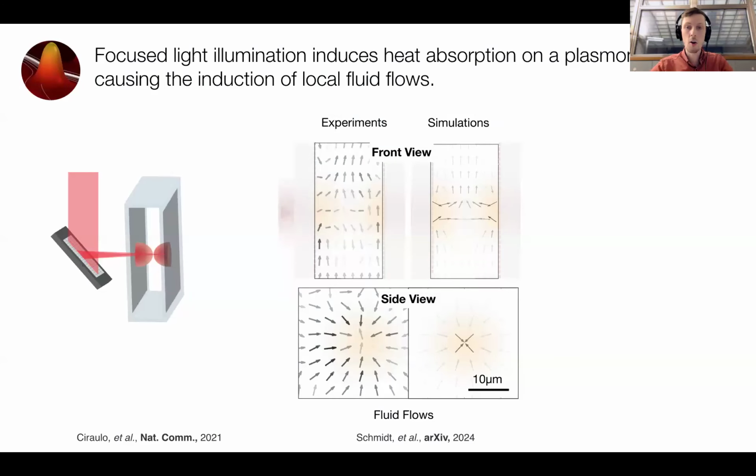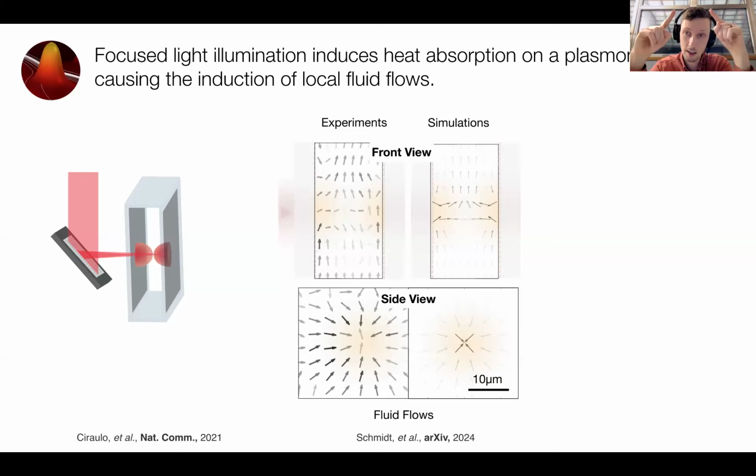And so if we now look at the simple case where we basically have just 2 heat sources from both sides, what we do here is we do particle tracing. So we have particles that don't interact with the temperature itself, but we just look basically at how the fluid flows are moving around. You basically see that near the surfaces, you have the osmotic effect. So it drives towards the hot regions near the surface.